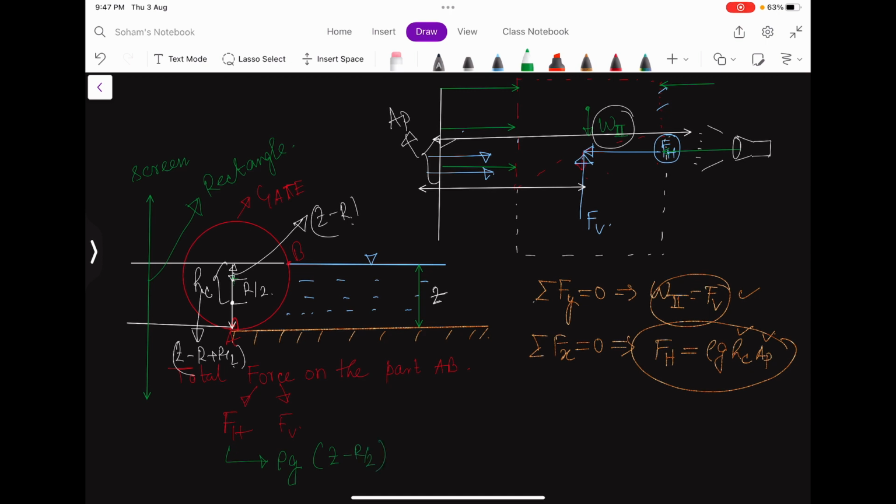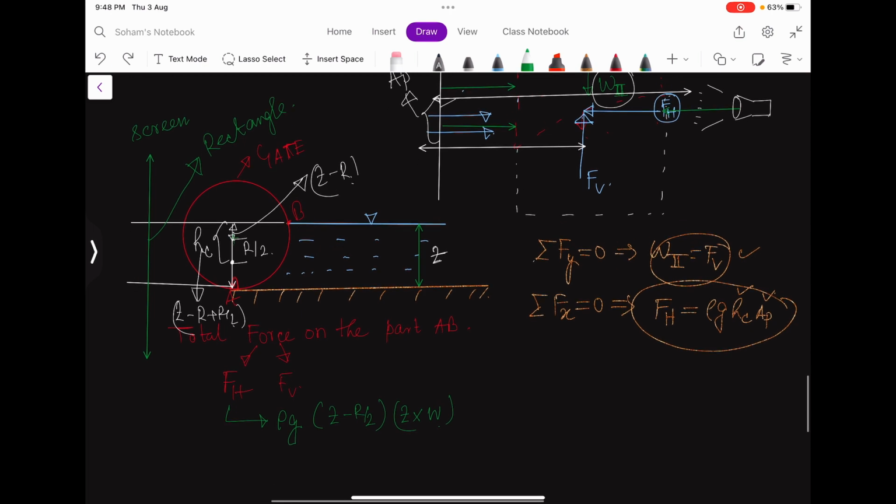And what will be the area? Area will be this total height z into the width. This width of the gate also has to be given. The gate is like this, so this is the width. So I can find this Fh.